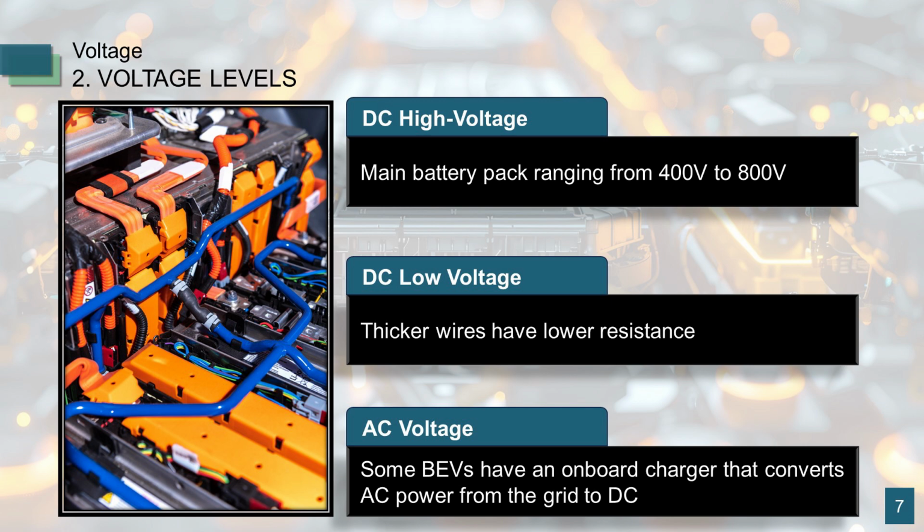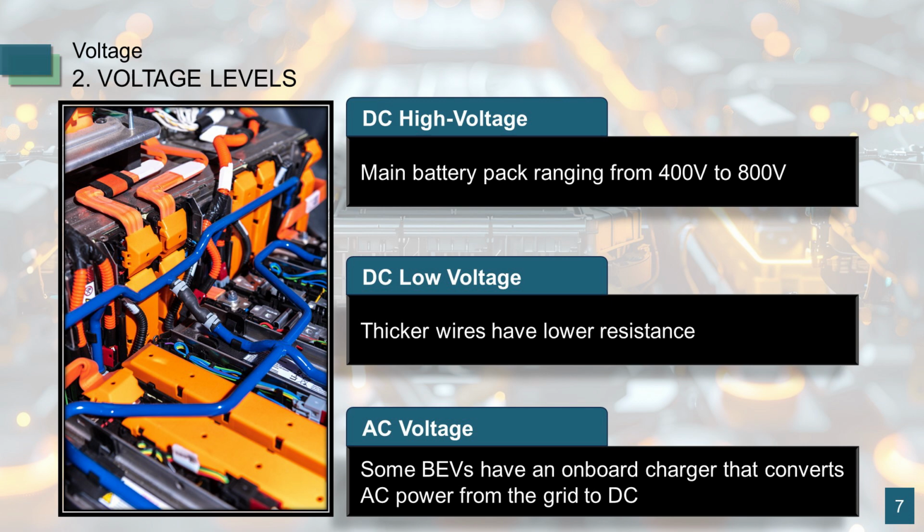High voltage systems power the electric motor and require specific safety measures due to the high energy levels involved. DC low voltage is a lower voltage system, usually 12 or 24 volts, powering auxiliary components like lights, infotainment systems, and instrumentation.